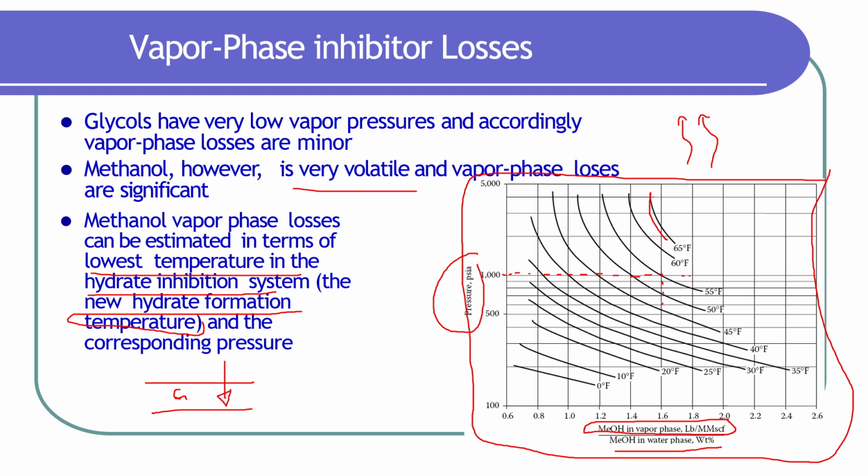This means that I can simply find how much methanol will be lost, approximately 1.6, in the unit of pound mass per million standard cubic foot of the gas divided by the methanol in water phase percent. And then we're going to do certain calculations in order to calculate how much exactly of methanol has been lost to the gaseous phase. And we will see toward the end of this chapter one example that shows the whole details of how to use this chart.